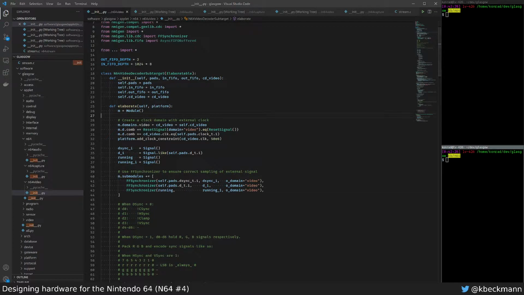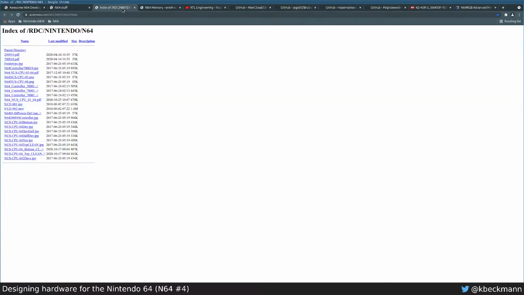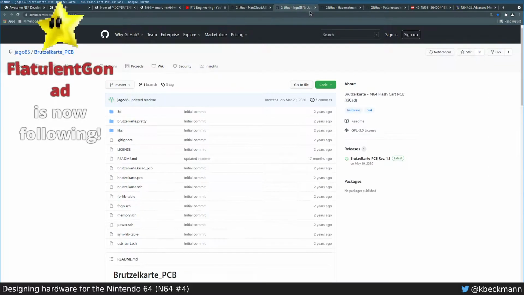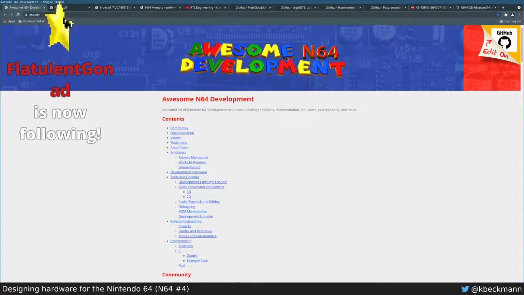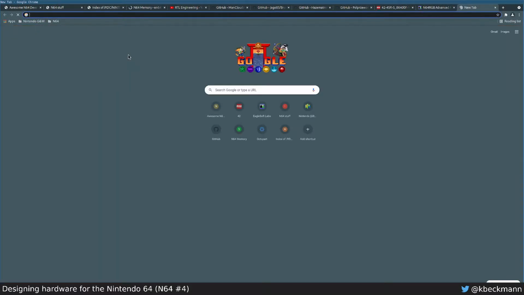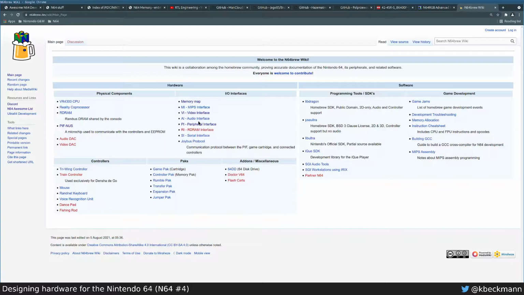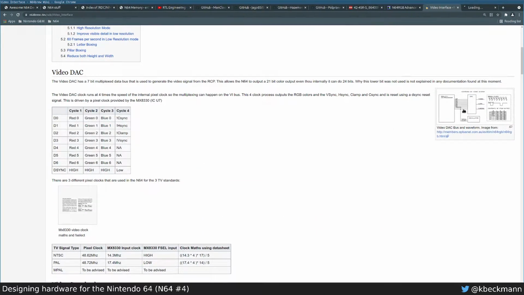Maybe with the protocol, I guess. Let me just bring up the correct information. I have too many bookmarks and tabs. Let's see here. So we go to the video interface, and it looks like this.